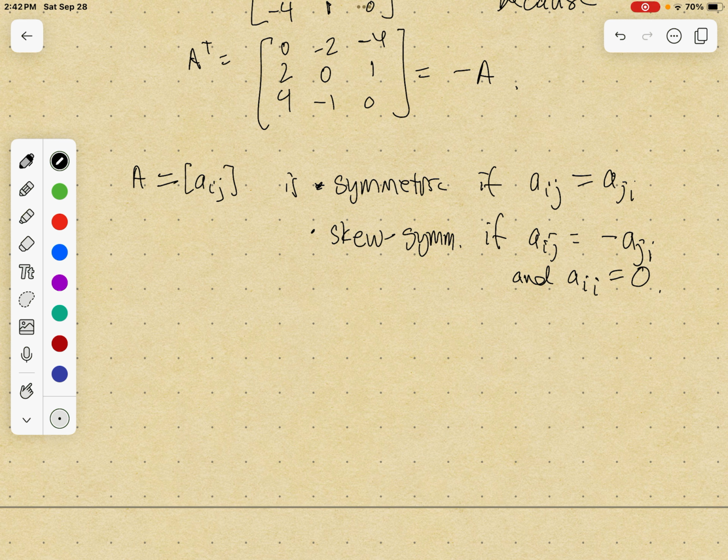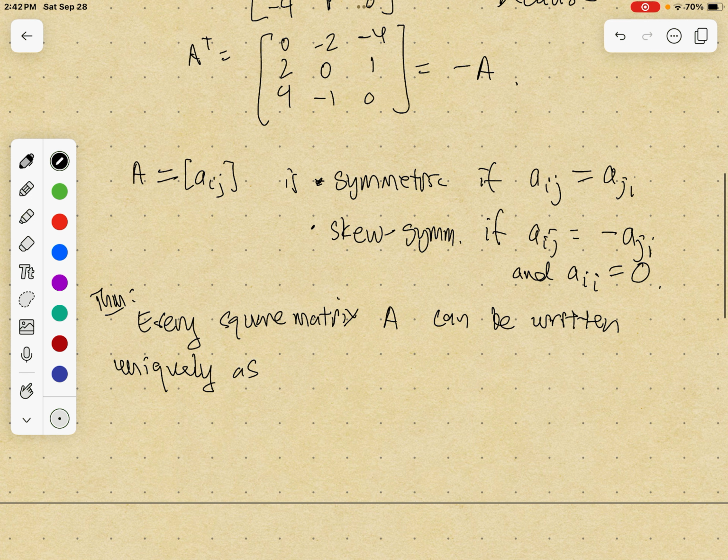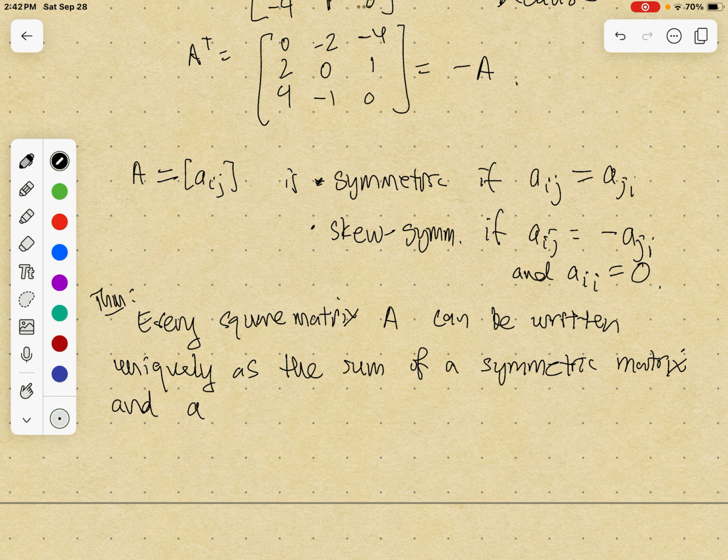However, the theorem is, every square matrix A can be written in a unique way, uniquely, as the sum of a symmetric matrix and a skew-symmetric matrix.